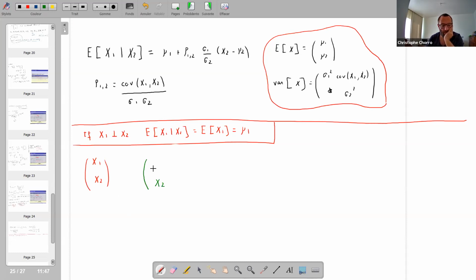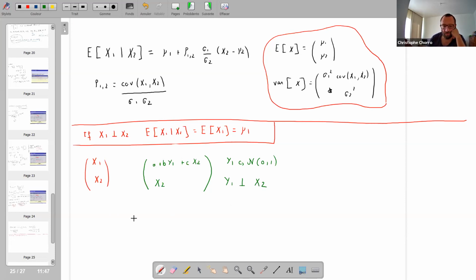A vector of this form here, A plus B y1 plus C x2, okay, so this vector, and I impose for y1 to be N(0,1), and I suppose that y1 is independent of x2.